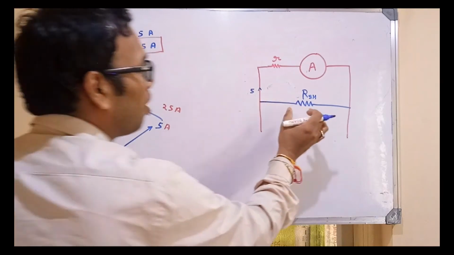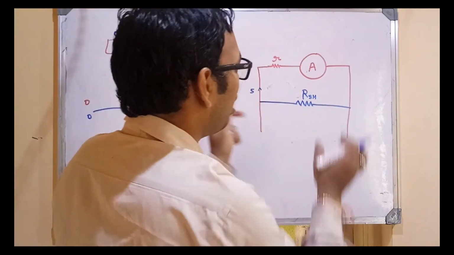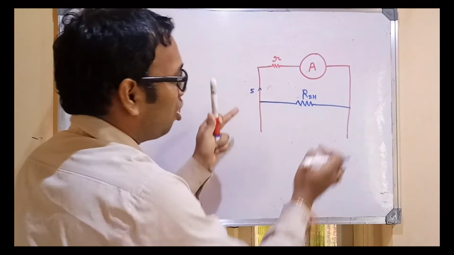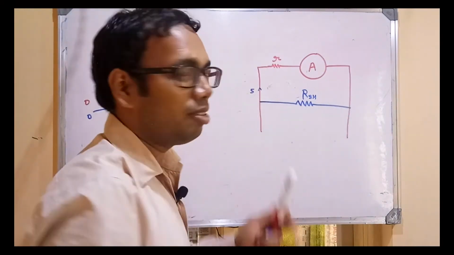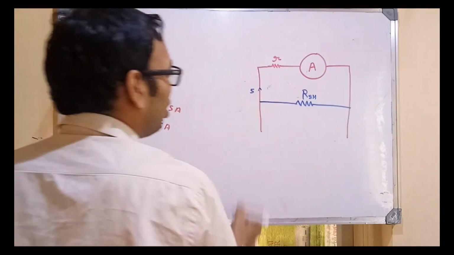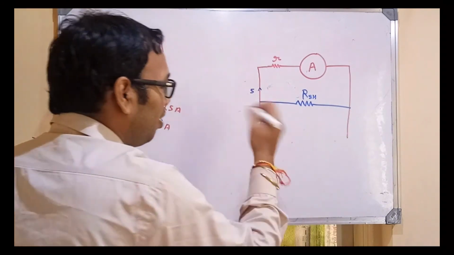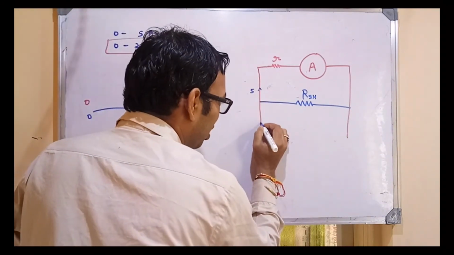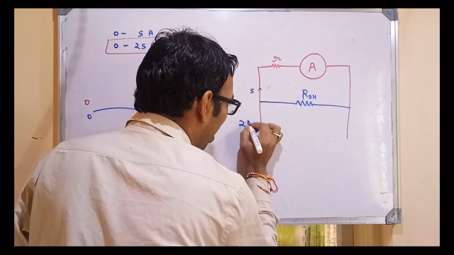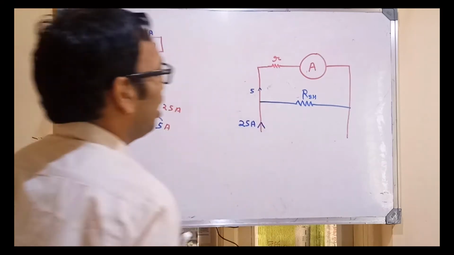For that we have to put one shunt resistance across the terminals of the ammeter. So we have to calculate. In this case, let us assume I am giving 25 ampere input current.